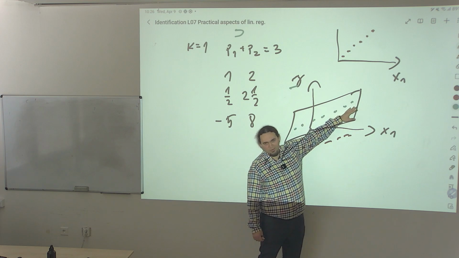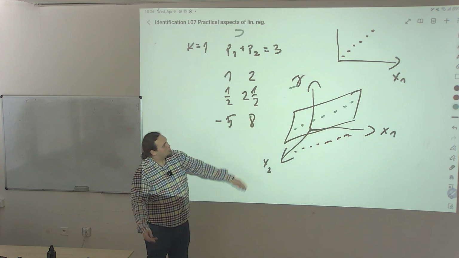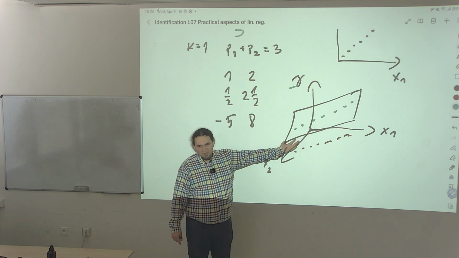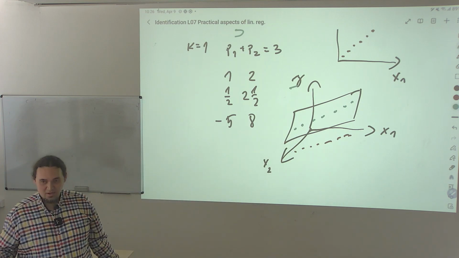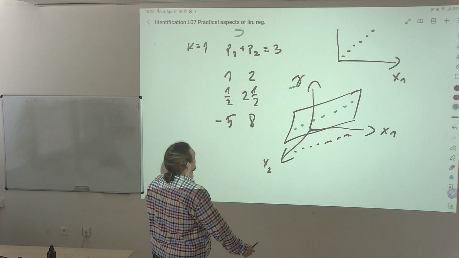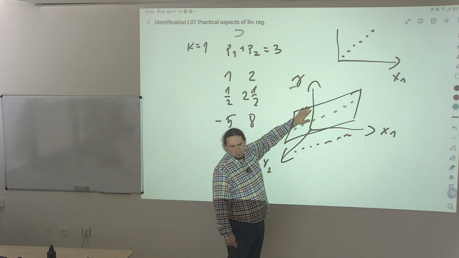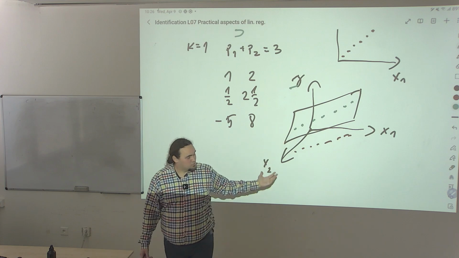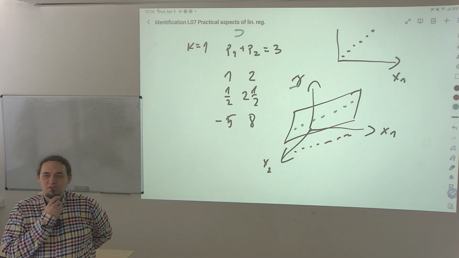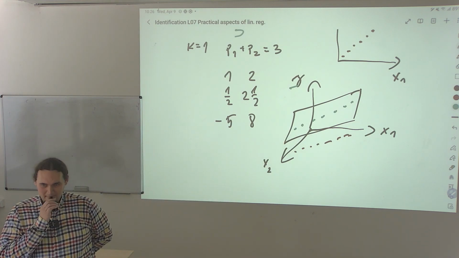Then also our experimental data would look like this. And our model, p1 and p2, is basically some kind of a normal vector to this plane. So this is what we are trying to learn. But what's the problem with this?